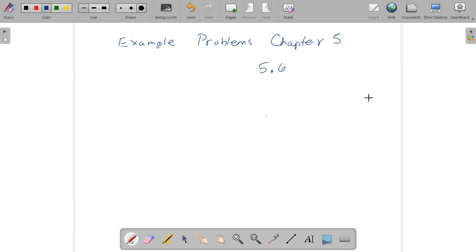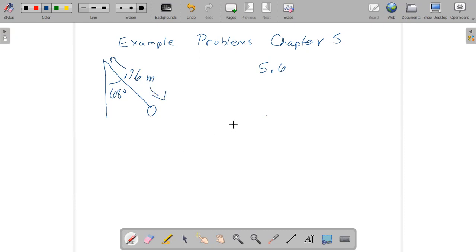The string makes an angle of 68 degrees to the vertical. What is the speed of the rock? The weight of the string is small enough that it can be neglected. All right, so we have some scenario like this. This is 68 degrees, this is a rock, and 0.76 meters here.